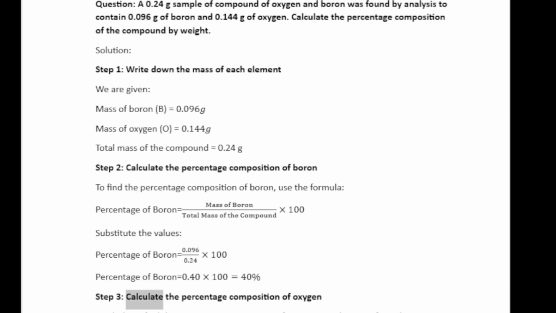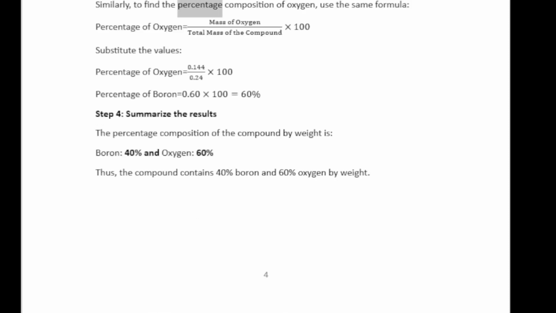Step 3. Calculate the percentage composition of oxygen. Similarly, to find the percentage composition of oxygen, use the same formula. Percentage of oxygen is equal to mass of oxygen over total mass of the compound, times 100.